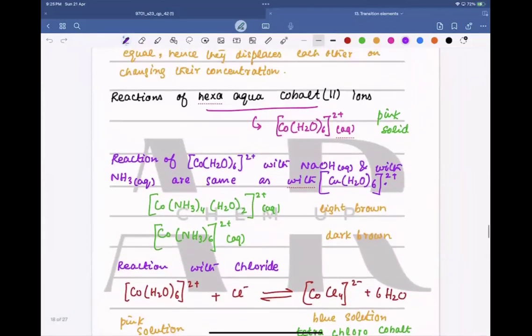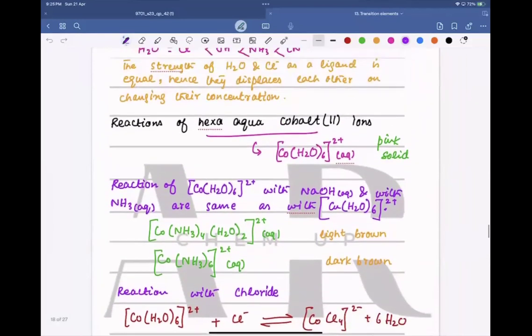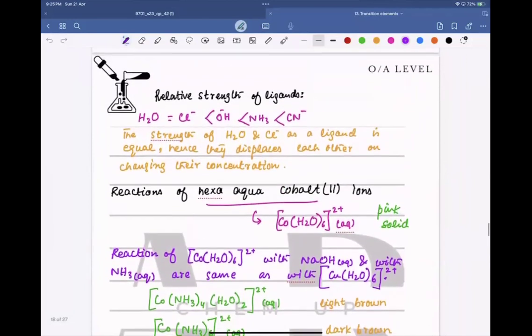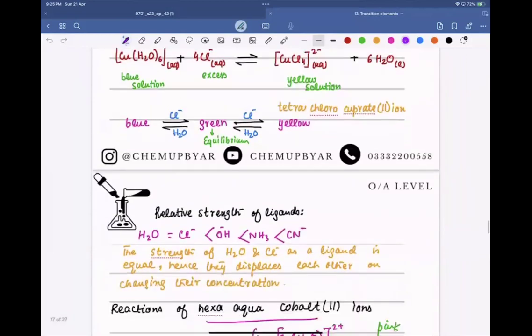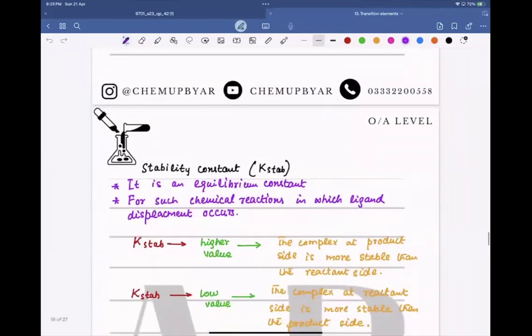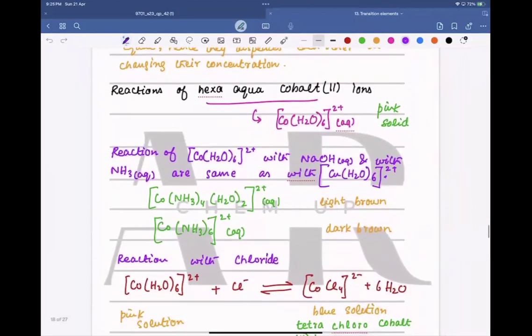Okay, so see the brown solution, the blue solution. Okay, let me add it over here.